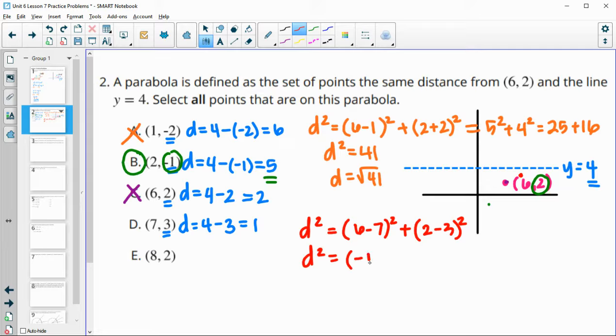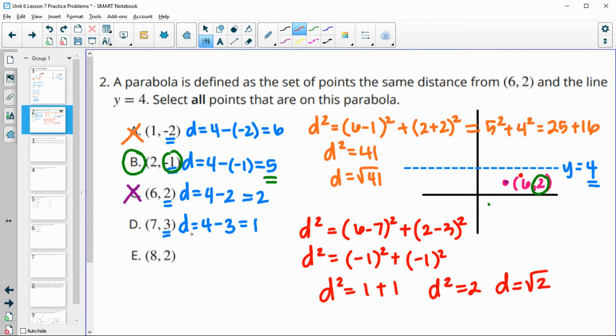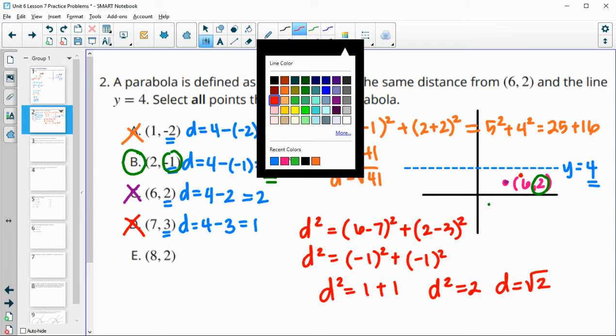So 6 minus 7 is negative 1 squared. 2 minus 3 is negative 1 squared. So negative 1 squared is 1, and negative 1 squared is 1. So your distance squared is 2, and your distance is equal to the square root of 2, which is not the same as 1. So this is not on the parabola.